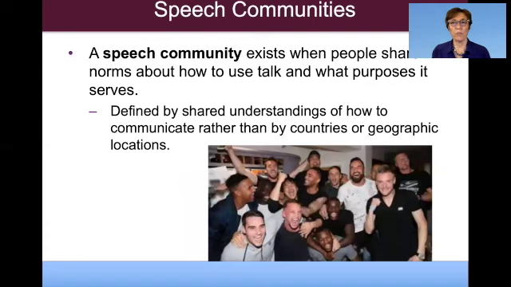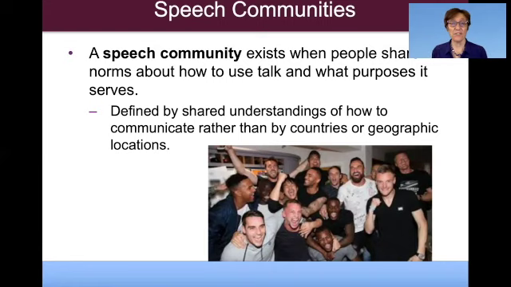Now, people that share ideas and share common ways of talking and interacting are called a speech community by people that study speech communities, which could be anthropologists or communication people. A speech community exists when people share norms about how to talk and what purposes our talk serves.